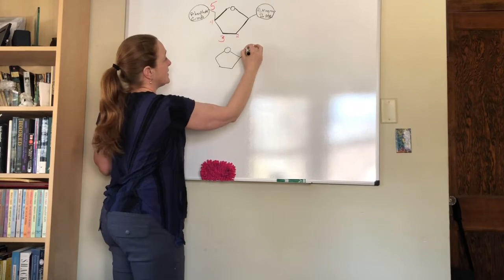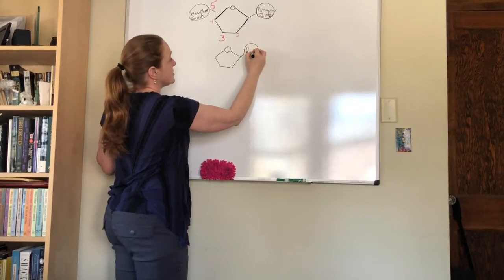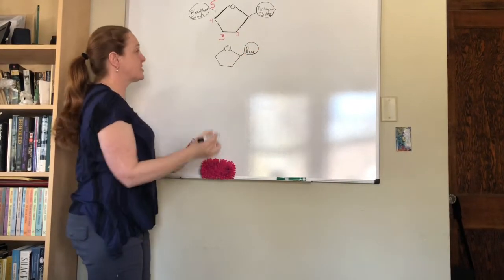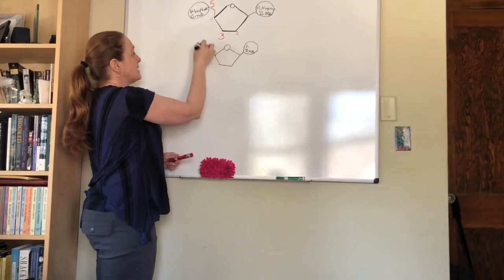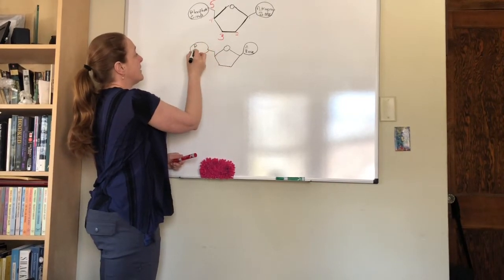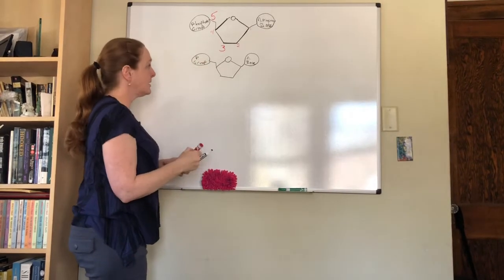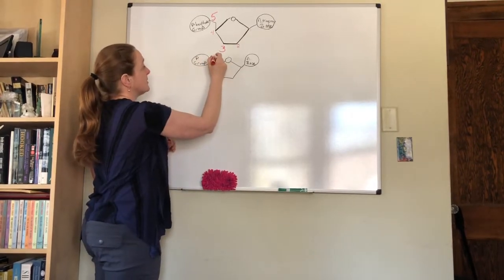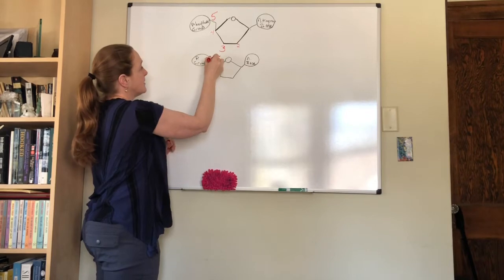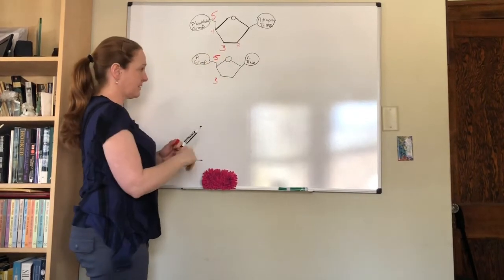For the sake of this demonstration, I'm going to abbreviate nitrogenous base with N base, and over here I'm going to abbreviate phosphate functional group with P group. Here is my 5' sugar, and here's my 3' sugar.